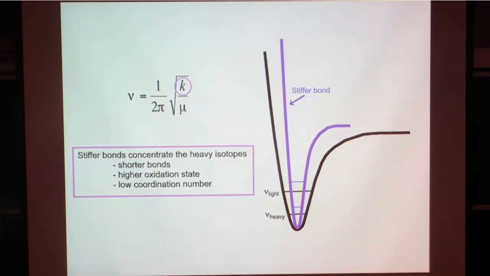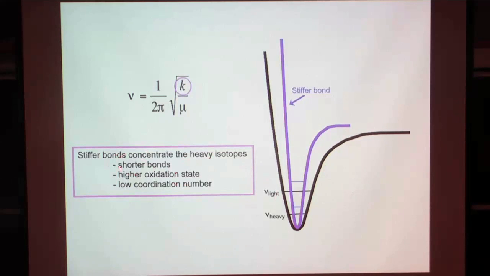Now imagine we're in a chemical reaction and we suddenly have a mineral that has a stiffer bond than the previous mineral. When you have a stiffer bond, you're changing the force constant, the spring constant. So you have a slightly tighter potential well. In both cases, your vibrational frequency is going to increase, but the system is going to want to minimize energy. And so the heavier isotope will tend to be associated with the stiffer bond because it doesn't increase as much as the lighter isotope.